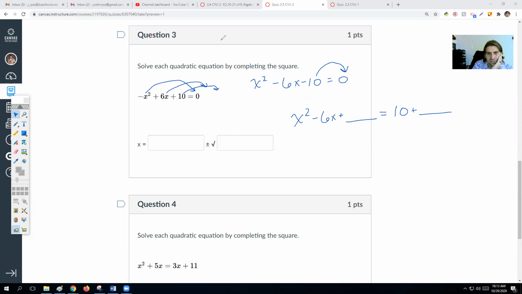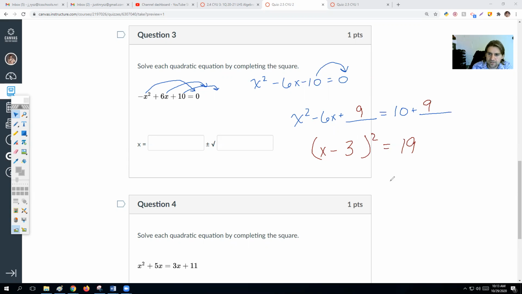Let's figure out that magic number here. If I take 6, cut in half is 3, 3 squared is 9, so the magic number is 9. So this is going to be something squared equals 19. That something is x, the square root of x squared is x, minus in the middle, square root of 9 is 3.